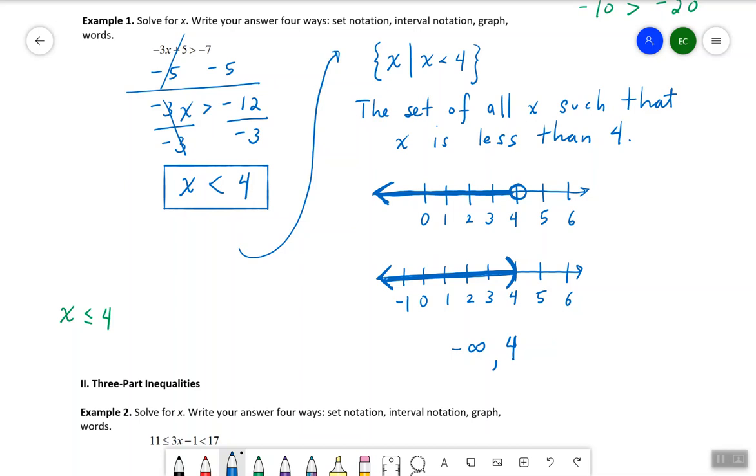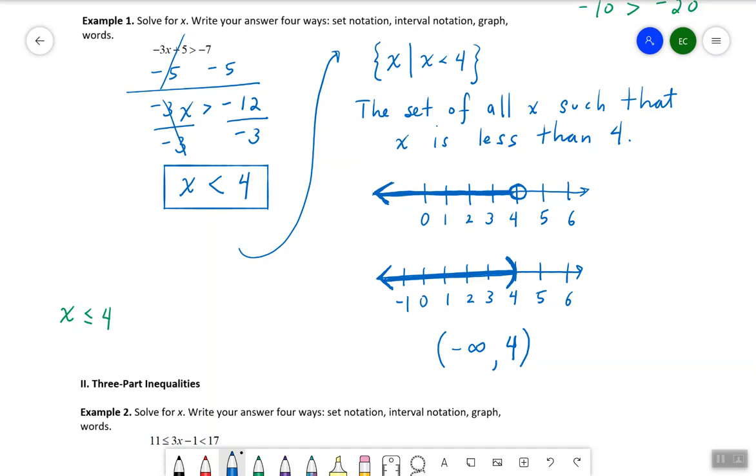And then we just need to say if we're going to include the 4 or not. And since we're not including the 4, we have parentheses, just like we have on the number line. So that looks nice. And then are we including -infinity? Well, no. And the reason is because -infinity is not really a number.